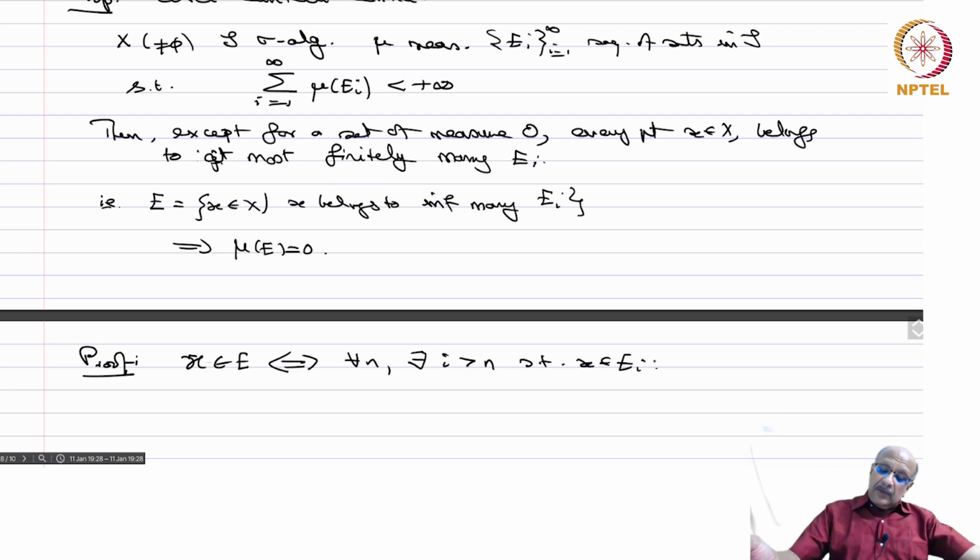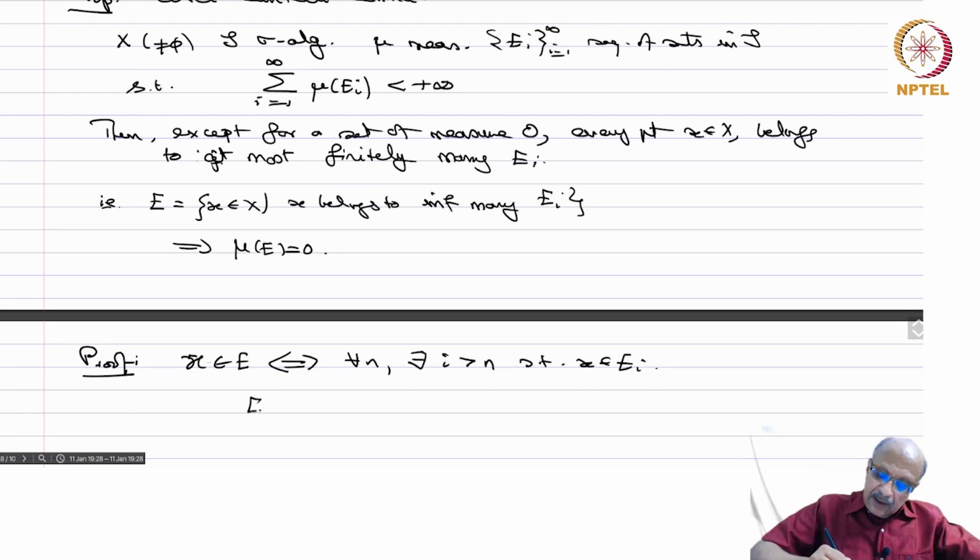That's what we mean by saying x belongs to infinitely many E_i's. Okay, so that means E can be written as, this is very nice, the intersection over n equals 1 to infinity of the union over i equals n to infinity of E_i.